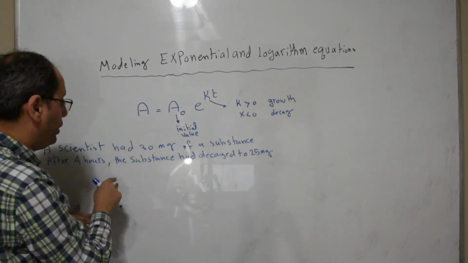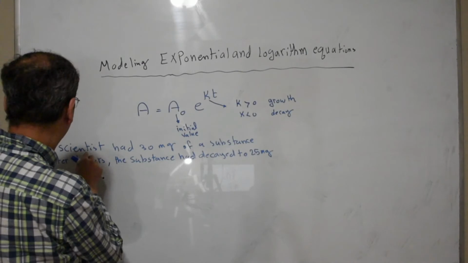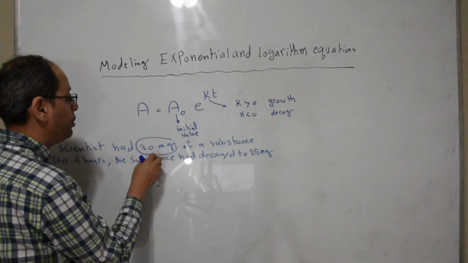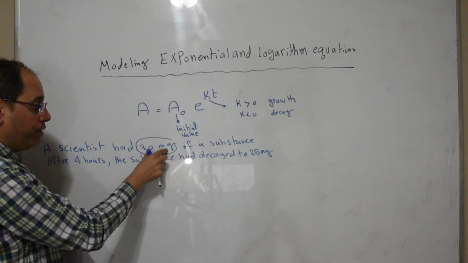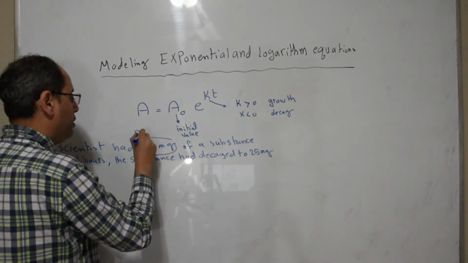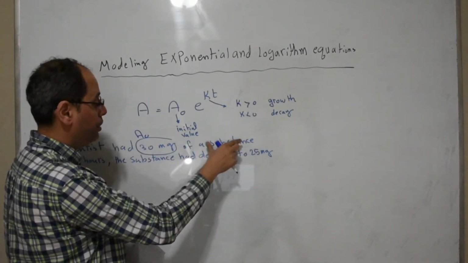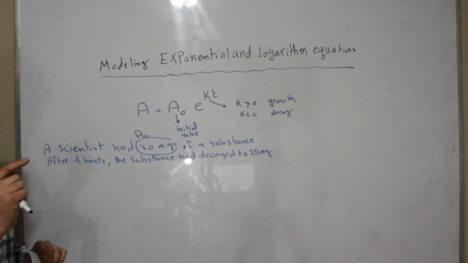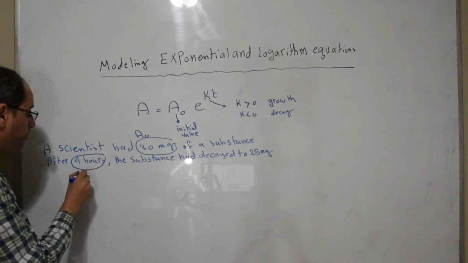Let's define what I have here. So number one, the scientist had 30 milligrams. How can I call this? This is the initial amount of the substance that I have. So this is A naught. After 4 hours, this is t.